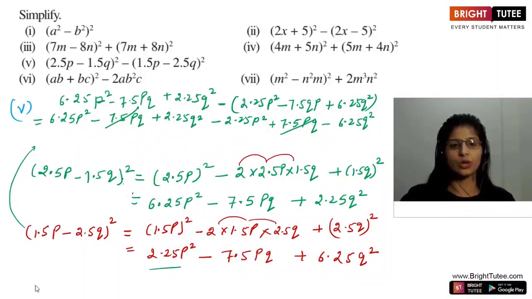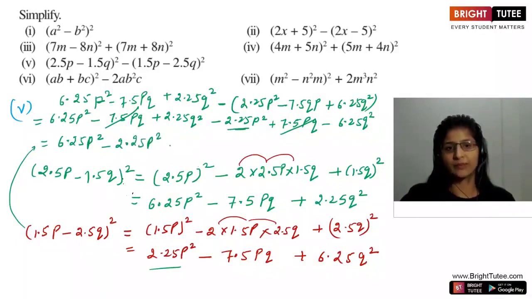Let us combine the terms having p square, so 6.25 p square, and the another term having p square is minus 2.25 p square. Then we have 2.25 q square, and we have minus 6.25 q square, right?